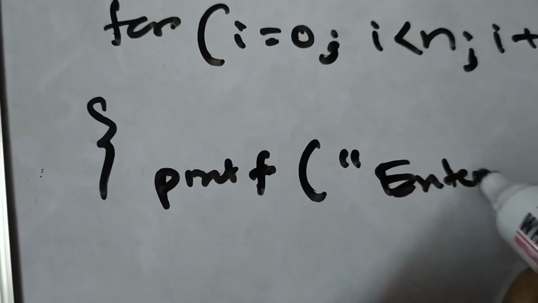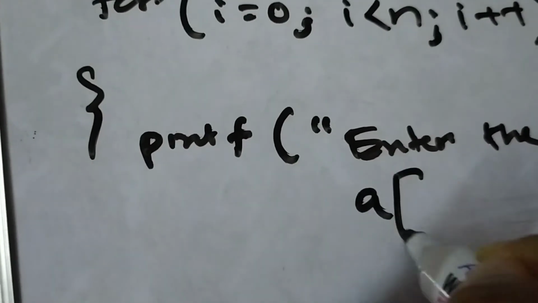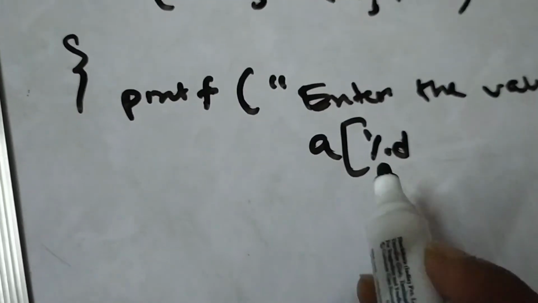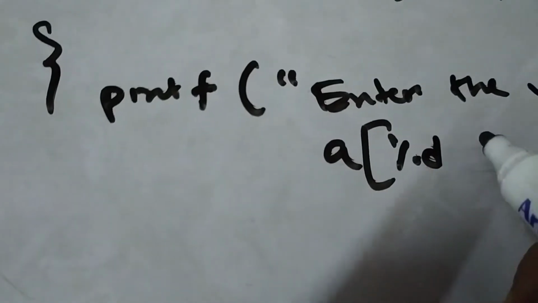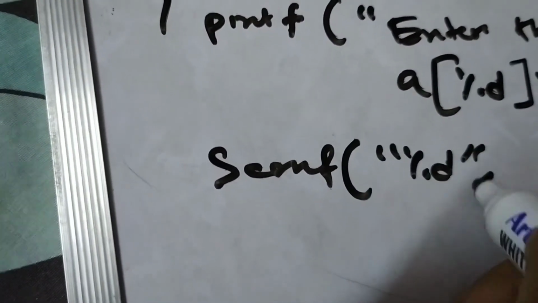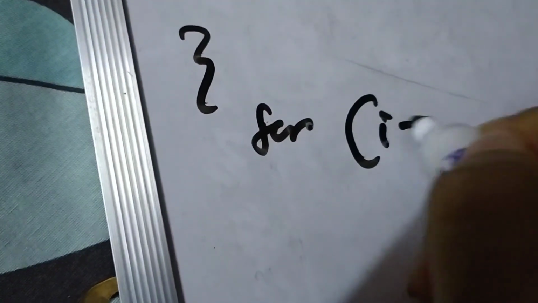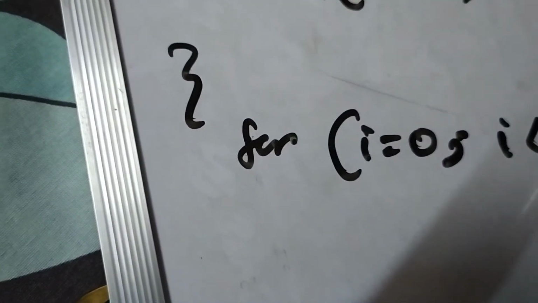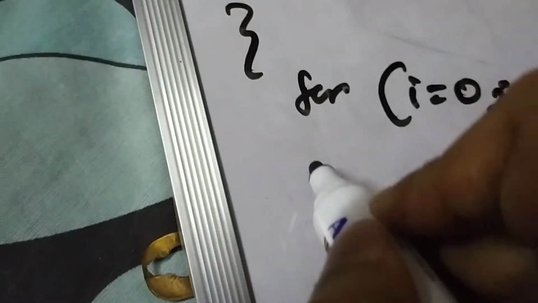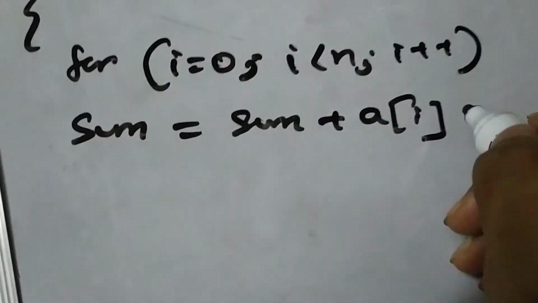printf("enter the value for a[%d]"). That means for integer value we generally use %d. scanf("%d", &a[i]); for i equal to 0, i less than n, i plus plus, sum equal to sum plus a[i].